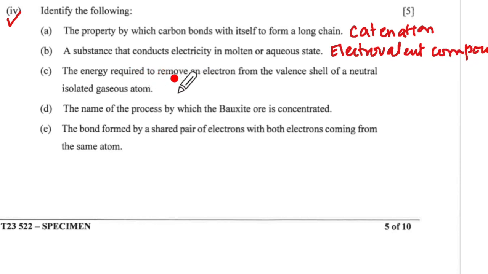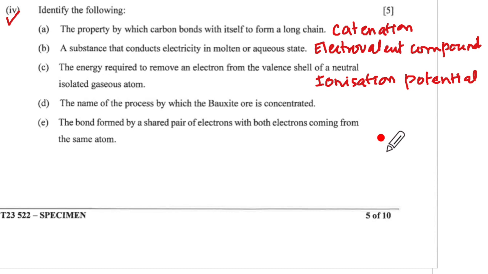The energy required to remove the electron from the valence shell of a neutral isolated gaseous atom is ionization potential. So you will see that these are all the definitions that you are expected to know by heart, and they've given the definition and you have to only supply the term for that.